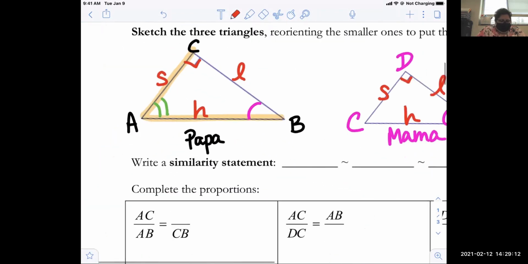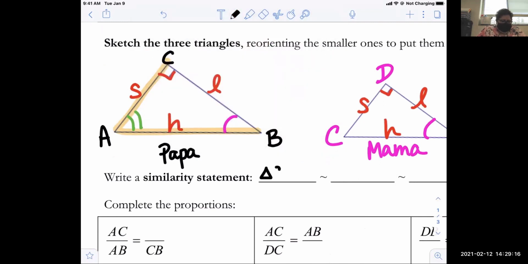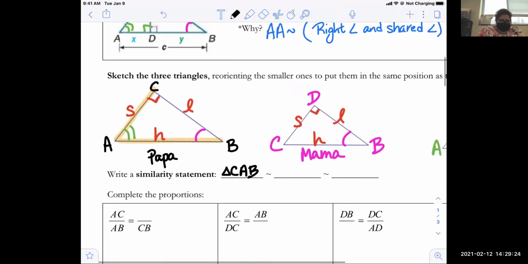Okay, if I start at the right angle, that's C, then along the short leg is A, and then along the hypotenuse is B. Do the same thing for Mama Triangle. What would be the correct order for Mama Triangle? Nick? DCB. Again, starting at the right angle, along the short leg, along the hypotenuse. DCB.